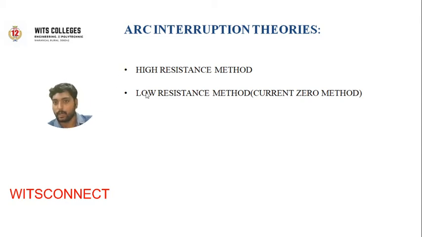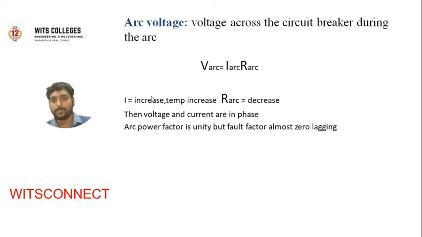Okay na? Here for AC circuit breakers లో low resistance method అనేది యూజ్ చేస్తాం. ఓకేనా? నెక్స్ట్ వన్ ఇస్ ద arc voltage. What is meant by arc voltage? Here the arc voltage is nothing but the voltage across the circuit breaker during the arc. Voltage across the circuit breaker during the arc, that is called arc voltage.